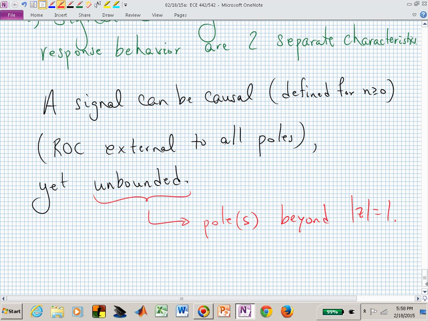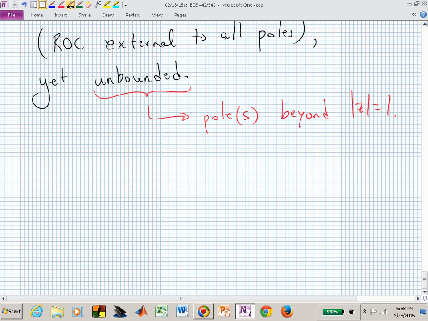Can you come up with a time domain waveform that illustrates that? What would be an h sub 1 of n that's causal yet unbounded? And it's not that difficult, I hope.